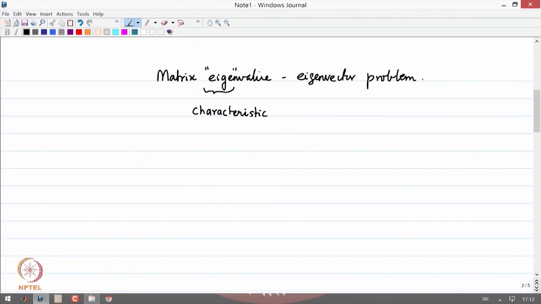The eigenvalue eigenvector problem is fundamental in quantum mechanics in the sense that the Hamiltonian operator acting on the wave function gives you the wave function back with a constant, which is the total energy. This is an eigenvalue equation for energy.